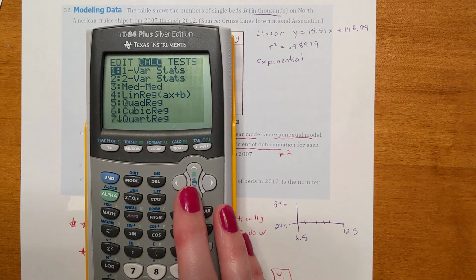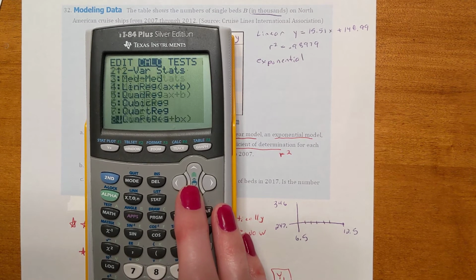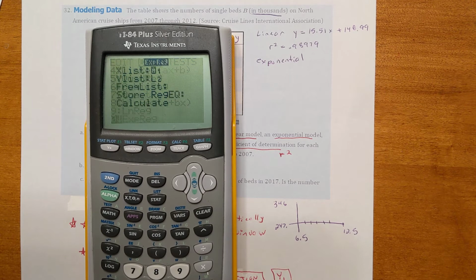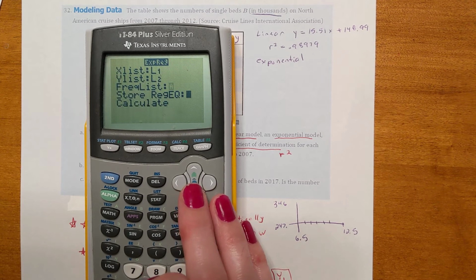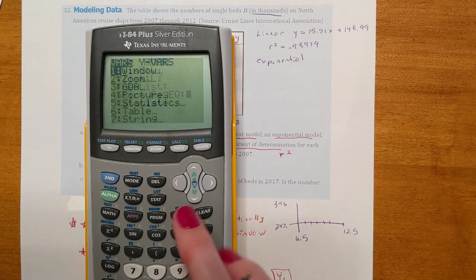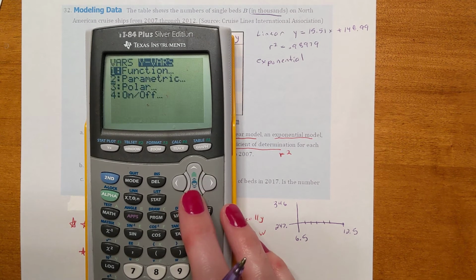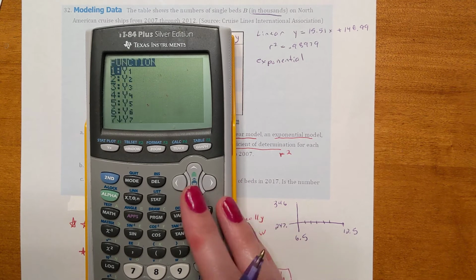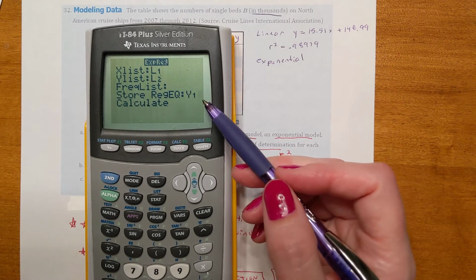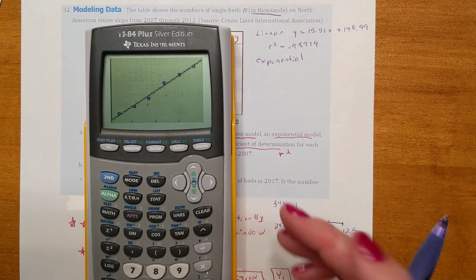Go over to calculate, and exponential is choice 0, enter. And I'm going to store it again under y1. So again, I go to the word vars, go over 1 to y vars, hit enter on function, and then hit enter to get y1. So the equation is going to be automatically stored under y1 again, which is awesome.